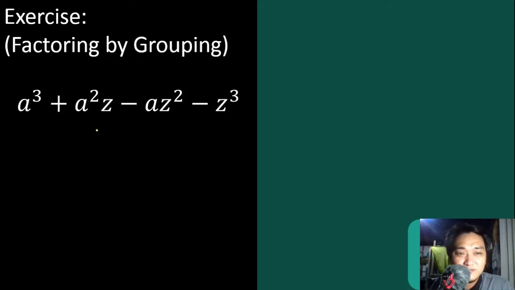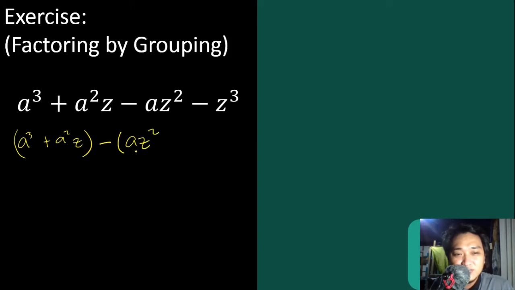O, subukan natin. If we're going to group that will become a cubed plus a squared z, and then we're going to group this minus az squared. Tingnan nyo, si az squared naging positive, samantalang kanina negative siya. So, ibig sabihin, si negative z cube, gagawin din natin siyang positive.